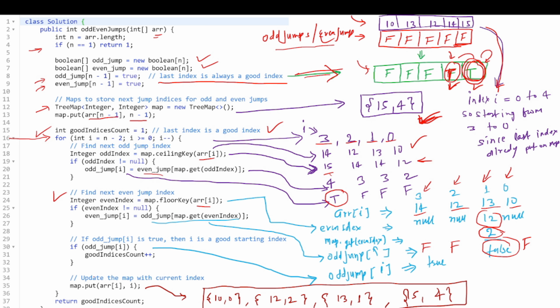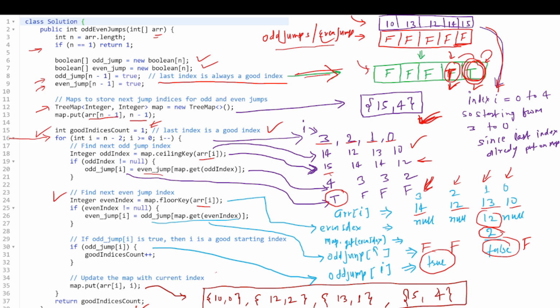Itself we have already marked as 1, but when odd jumps at I is true, when will we get true? When I equal to 3, we have true. So when it is true we will do good count index plus plus and we will return the value 2.